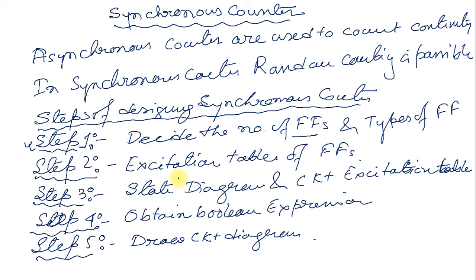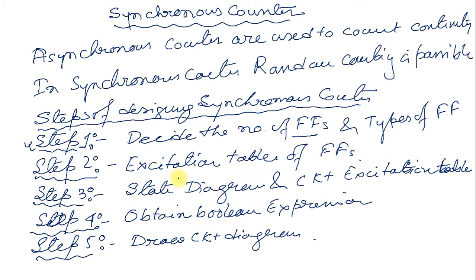That is step 3, as well as the excitation table of this state diagram. Fourth step, on the basis of this excitation table, we should obtain the Boolean expression of the circuit, and the last and fifth step is drawing the circuit diagram.